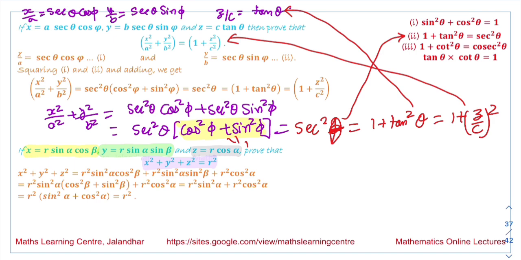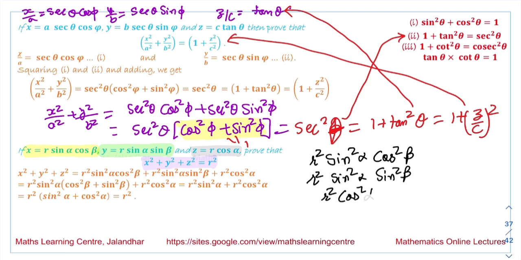So when we are squaring these terms and adding, we are getting r square sine square alpha cos square beta, r square sine square alpha sine square beta, and r square cos square alpha. We are adding these three terms.